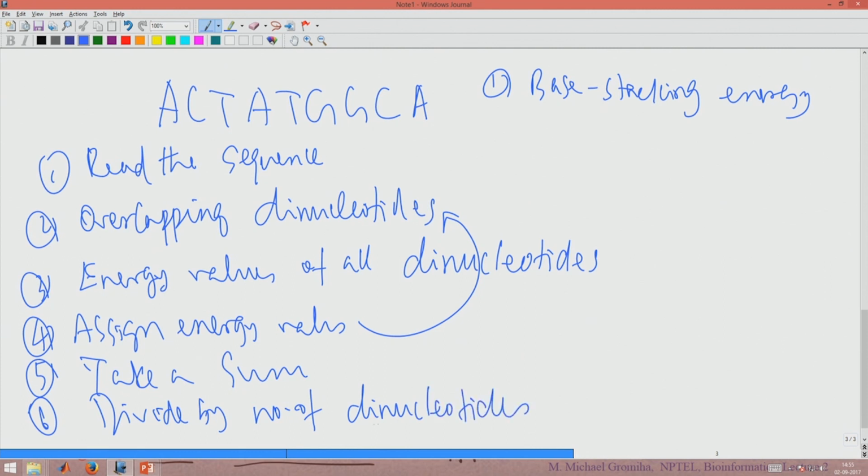So, how many dinucleotides are there? N minus 1. So, here this will give you sigma I, the mean base stacking energy.